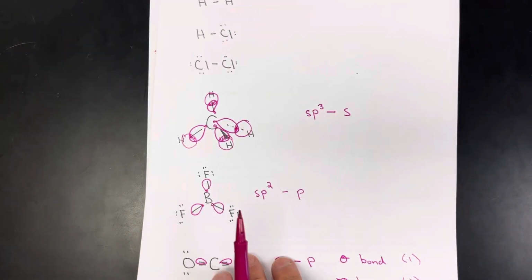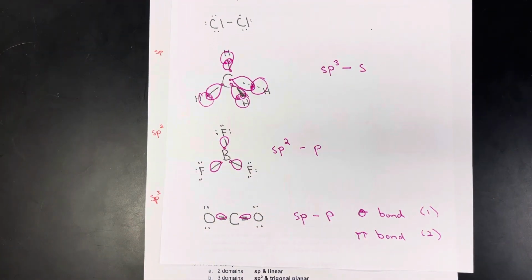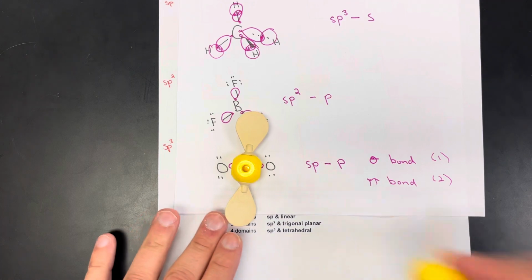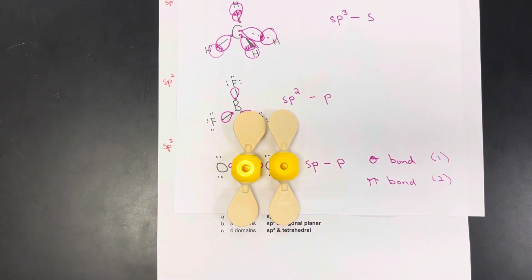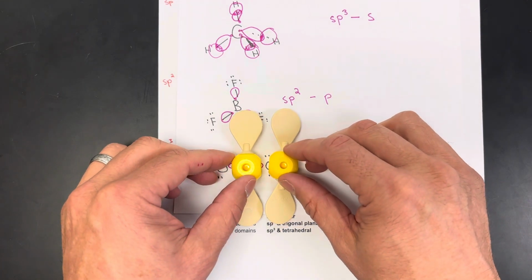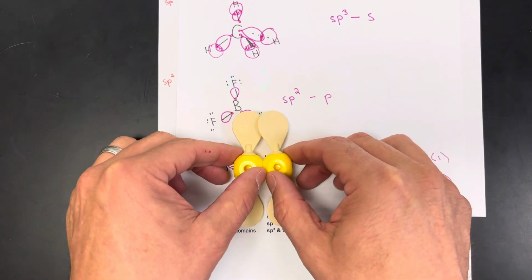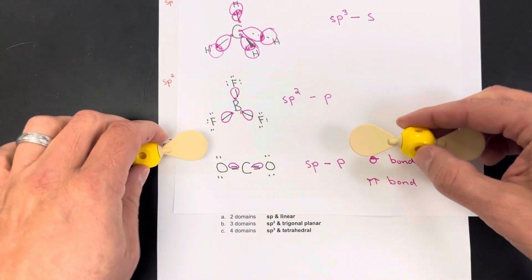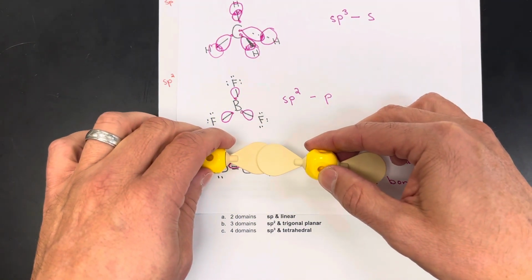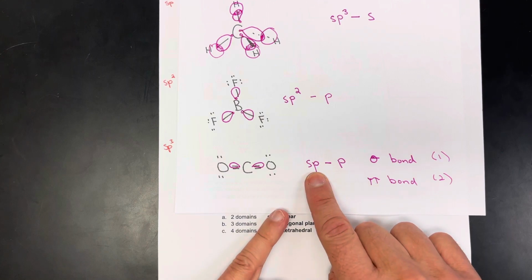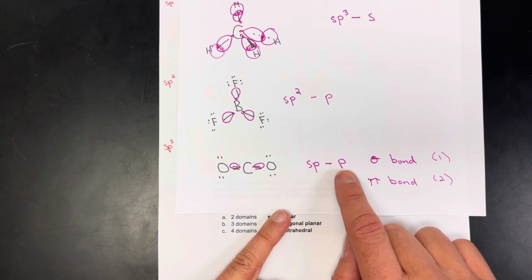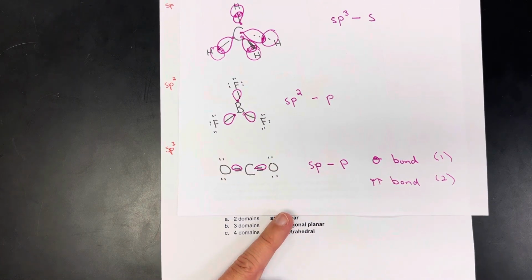So what's happening with the oxygen is that you have p electrons from the carbon that overlap with p electrons from the oxygen. This occurs either on the y-axis or on the z-axis as they get close to each other. It's not going to occur on the internuclear axis, because the first bond that occurred on the internuclear axis was the sp hybrid orbitals with p orbitals of the oxygen.